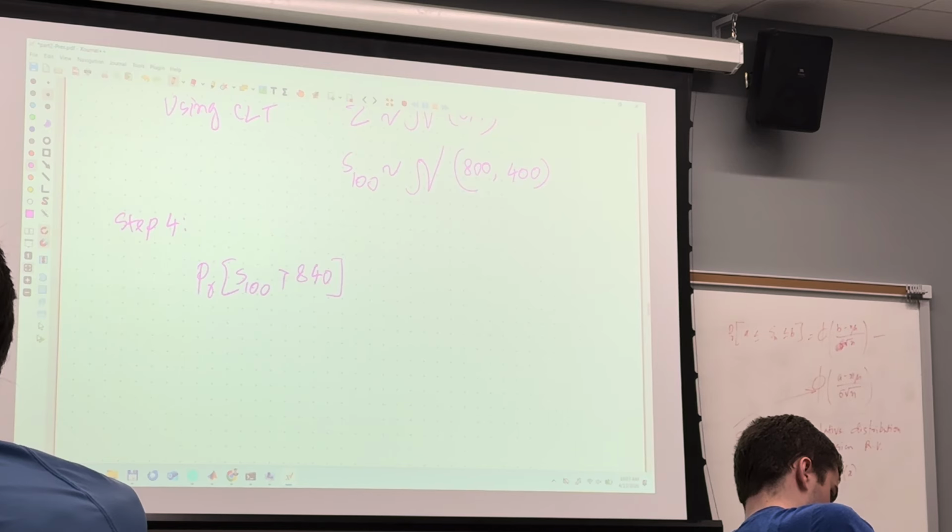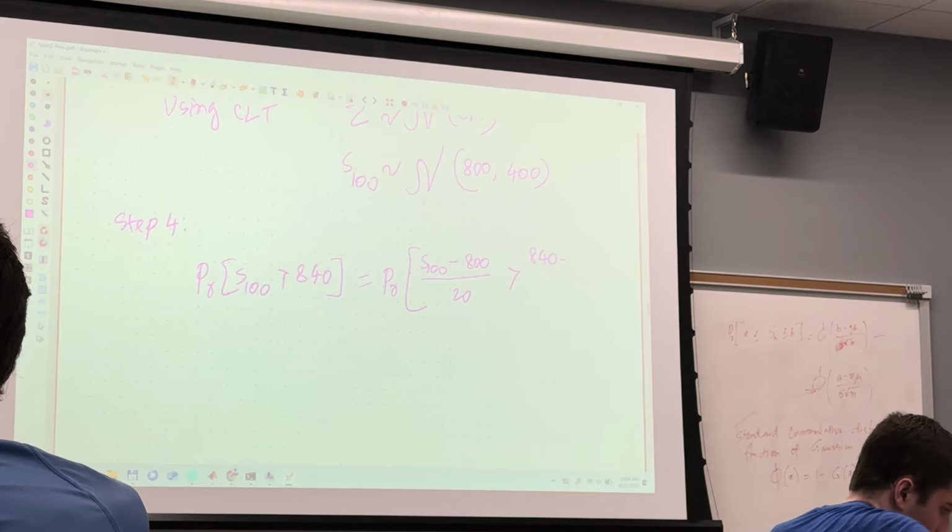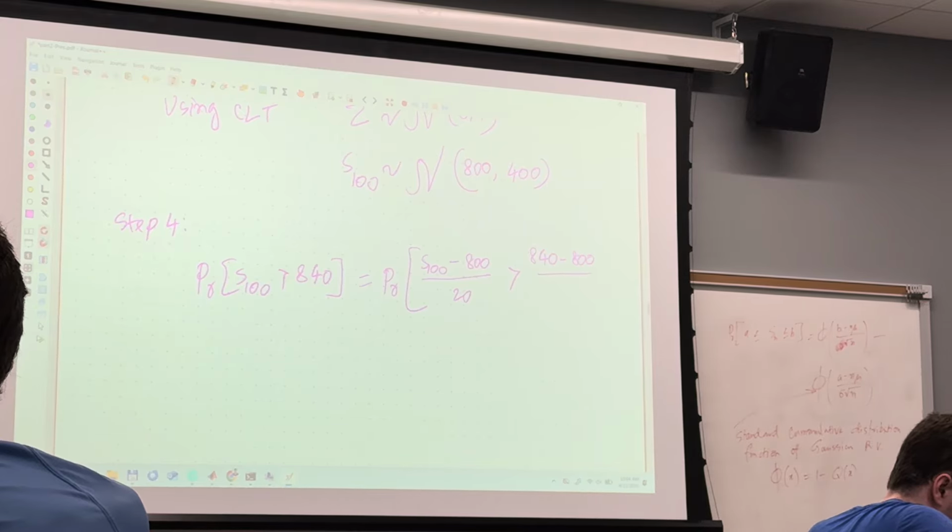We normalize S100: the probability that S100 minus 800, that is n mu, over 20 is greater than 840 minus 800 over 20.